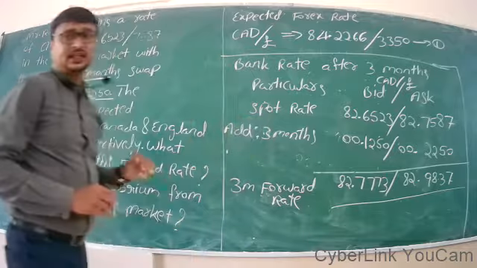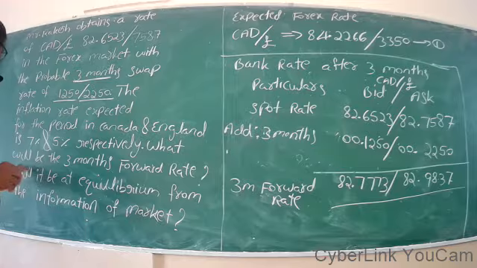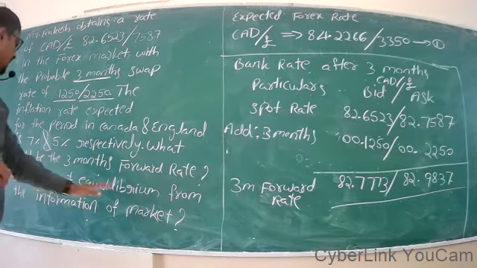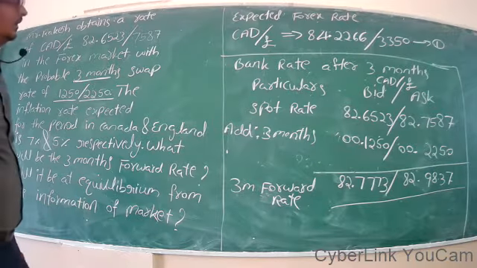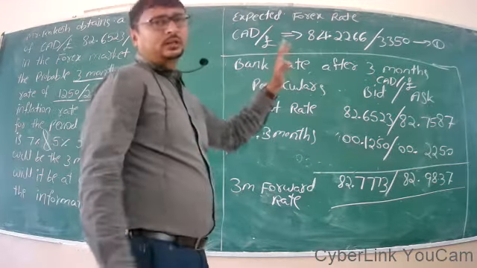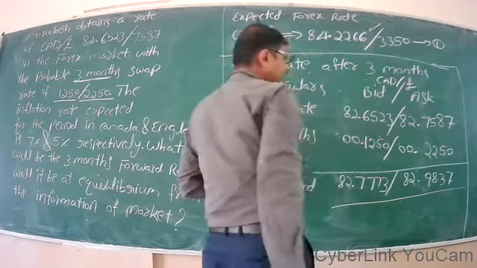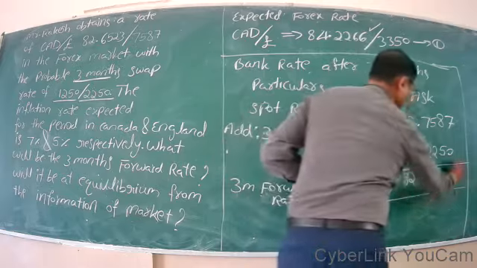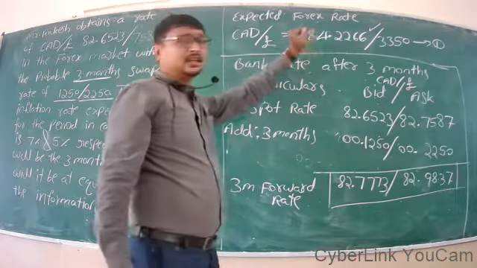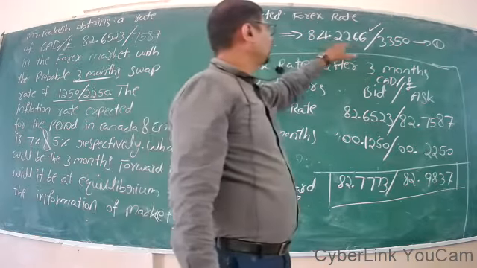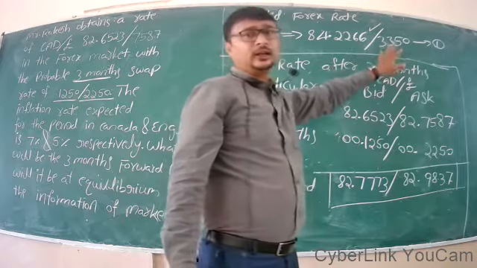Now the question they are asking is, will it be at equilibrium from the information of the market? They are asking whether this market rate is equal to what the bank is offering. See, the market rate is Canadian dollar per sterling pound 84.2266 and 84.3350.